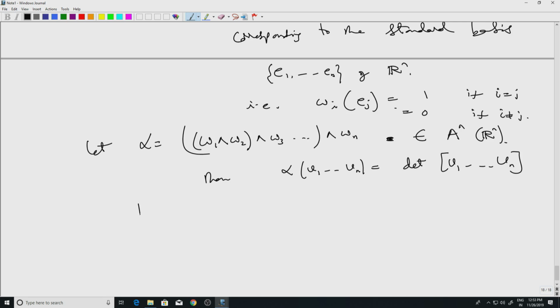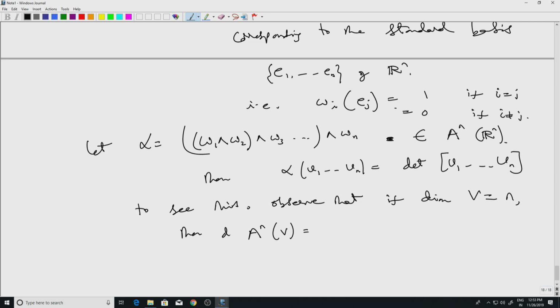To see this, observe that if the dimension of V is n, then the dimension of A^n(V) is 1.